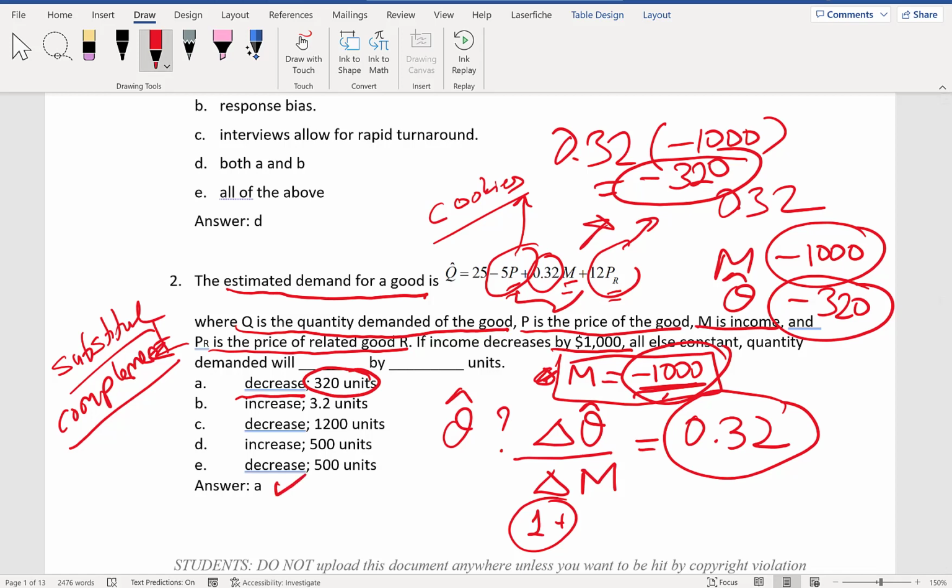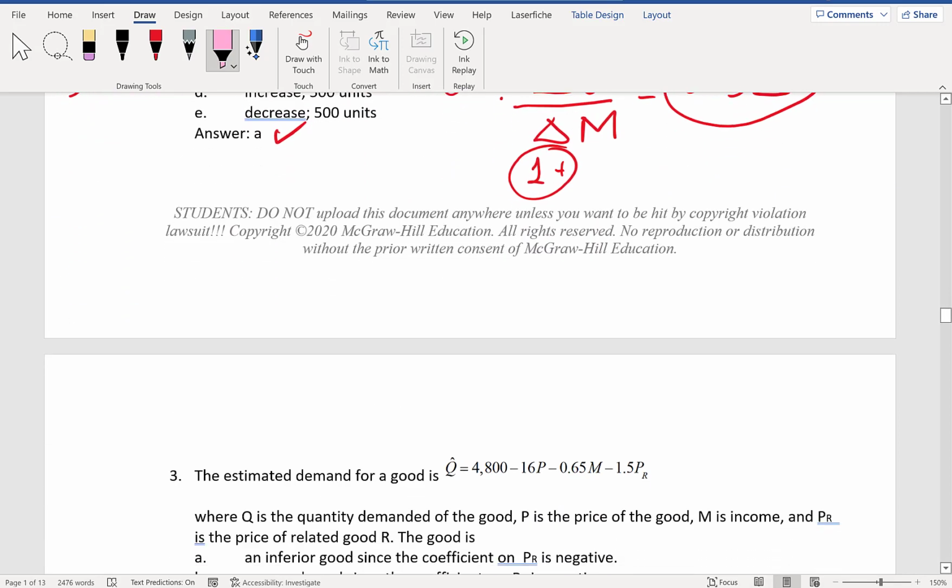You're basically grabbing the coefficient estimate times whatever change we are looking for, because this 0.32 coefficient estimate gives you what happens to the quantity demanded if income goes up by 1 unit. It's going to go up by 0.32 units. So if income goes down by 1,000 units, multiply it with that coefficient estimate and you find the answer.